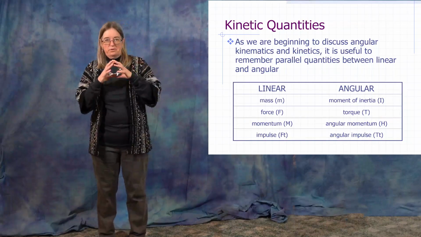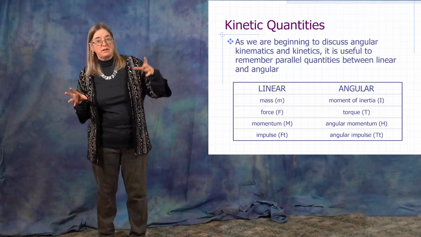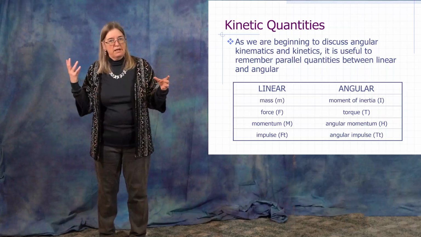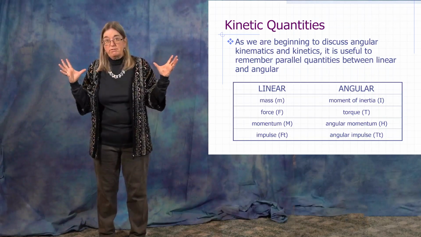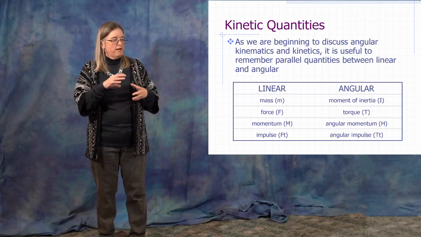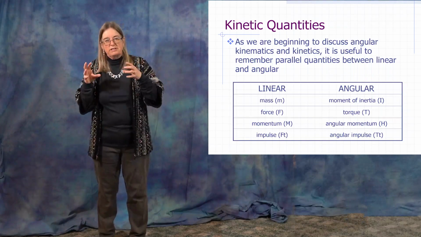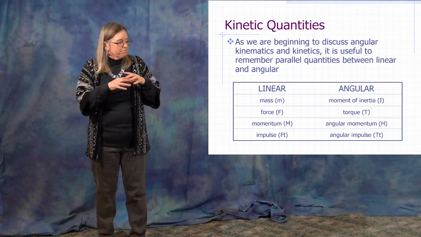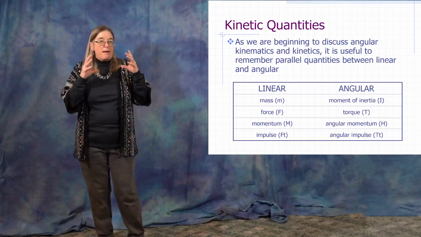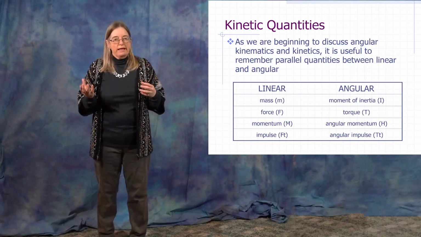So just as we had the kinematic quantities, the comparison of the linear and angular, which was a pure review, we also have kinetic quantities that can be linear and angular, and the parallel quantities for angular.